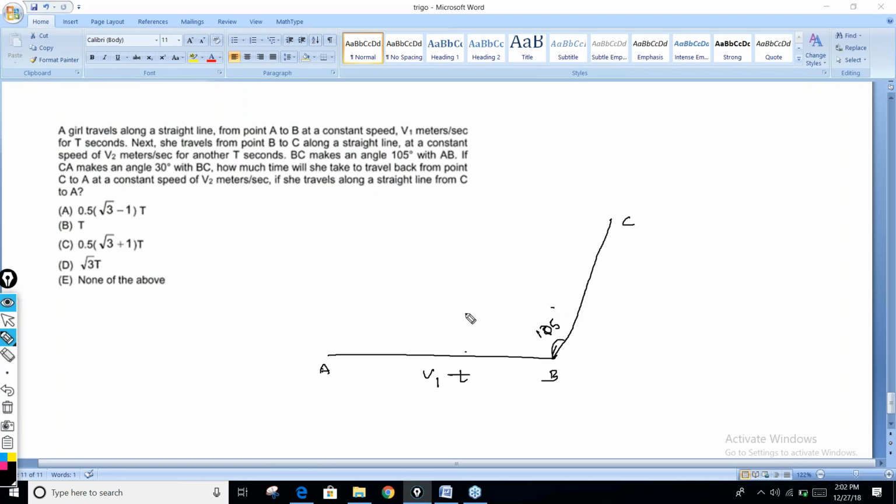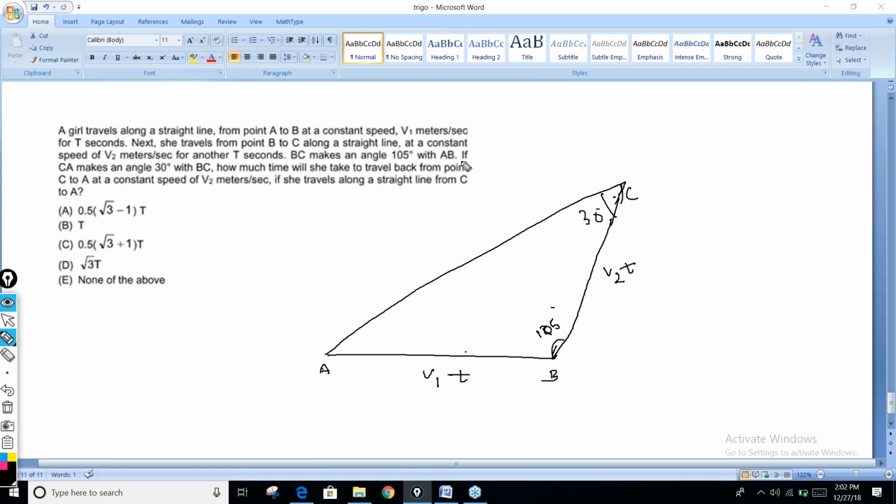That is point C, traveled at a speed of v2. CA is making an angle of 30 degrees with BC.